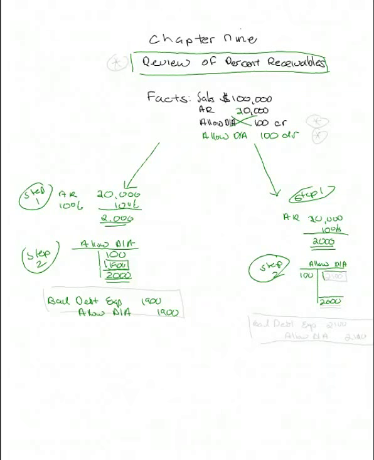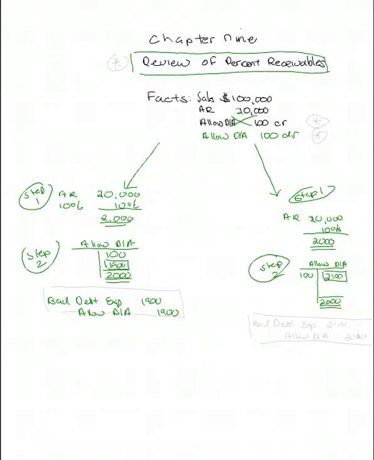How much do you need to credit this account to get it from a debit of $100 to a credit of $2,000? We need $100 to get it to $0, and then another $2,000 to get it up to where we need it to be. So in this example, we would credit it for $2,100. A debit of $100, a credit of $2,100 lands at a credit of $2,000.